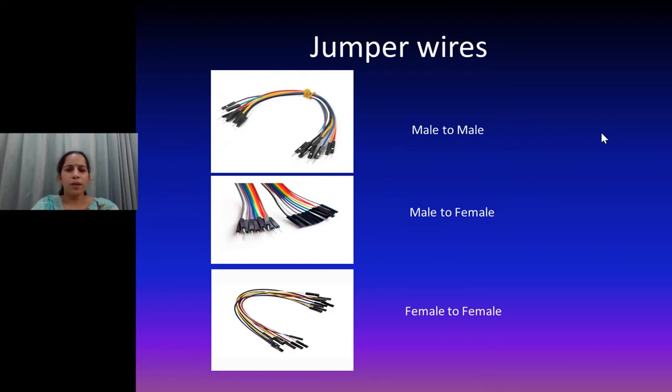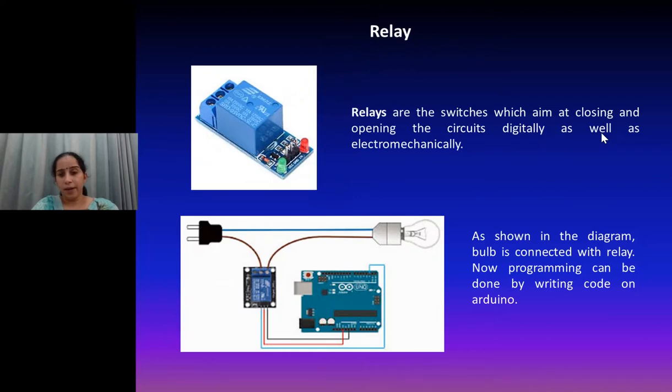For normal connections, male to female wires are generally used, but depending upon the need, we can use any of the three. Relay. What exactly is a relay? A relay is a digital switch that is used to control a particular device. Without a relay, it's very difficult to automate a device.